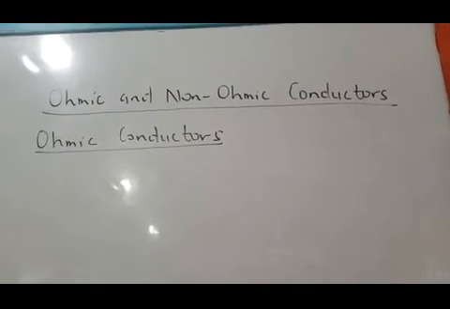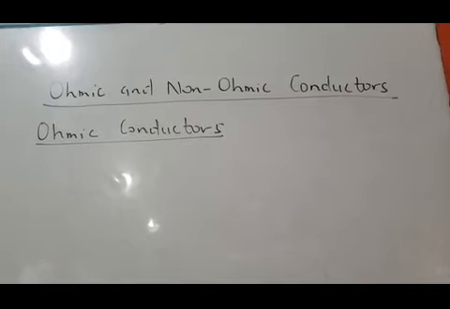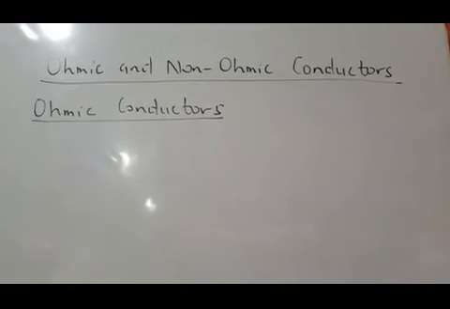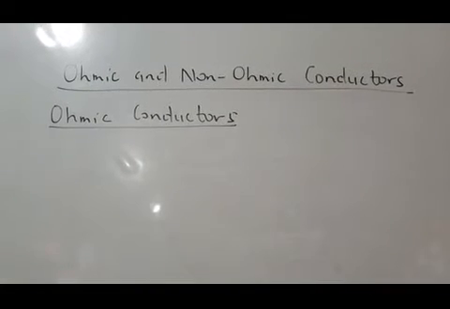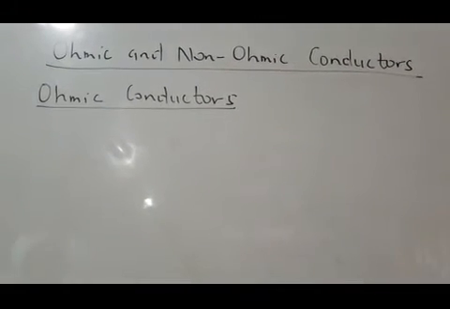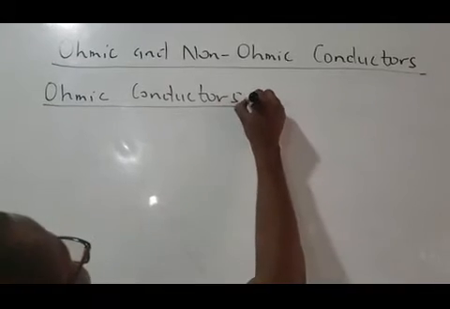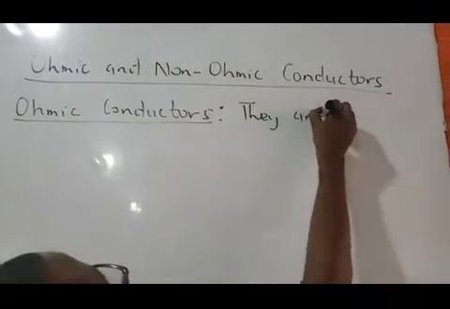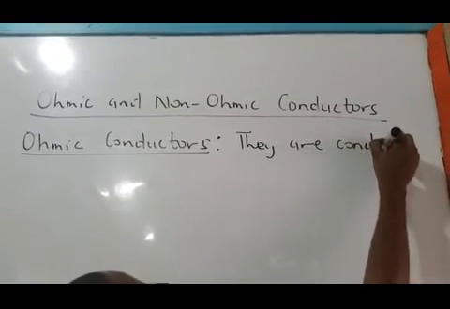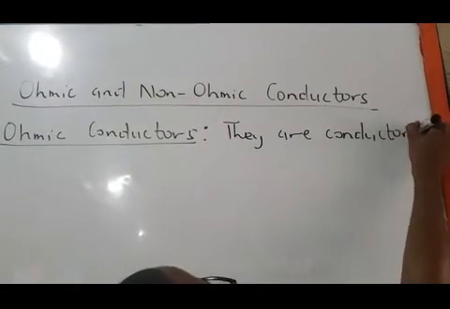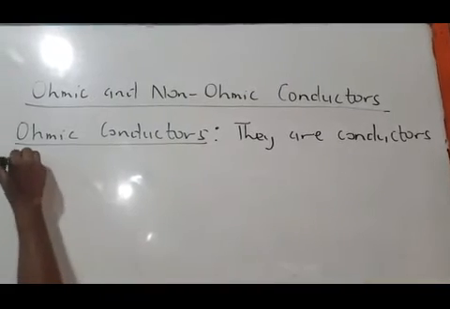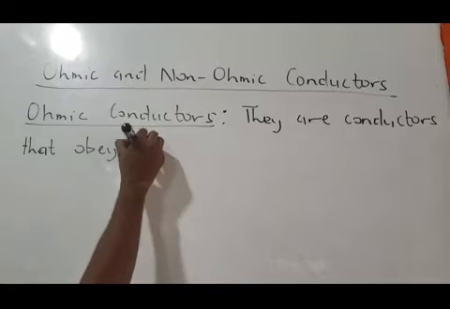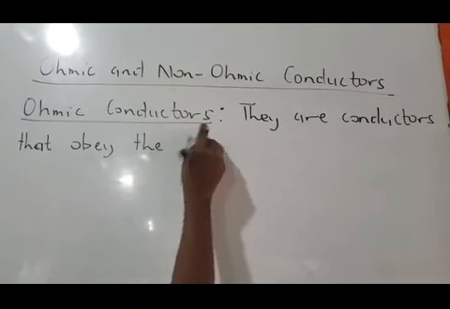It means that a graph of voltage against current for those conductors will not indicate a direct linear proportion between the voltage and the current. Okay, so ohmic conductors are conductors that obey Ohm's law.